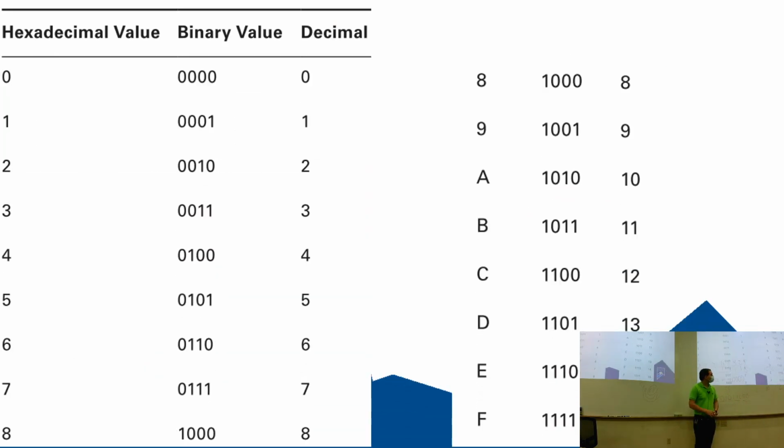All right. Now let's talk about going from hexadecimal to decimal a little bit. So I have up here on the board the hexadecimal value, which we know is anything from 0 to F, and the binary value associated with that. Now one of the cool things about this is these binary values, what type of values are they?